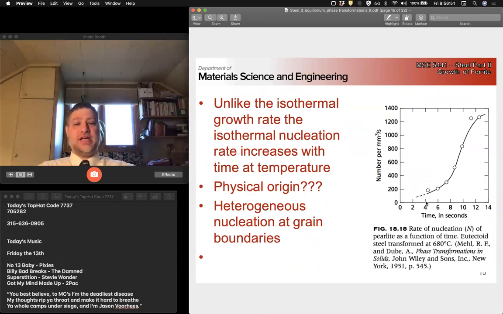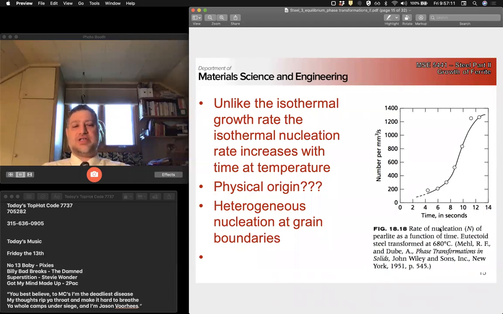Right. The nucleation rate depends, oddly enough, on the amount of time we hold at temperature. This is due to the fact we're nucleating heterogeneously.